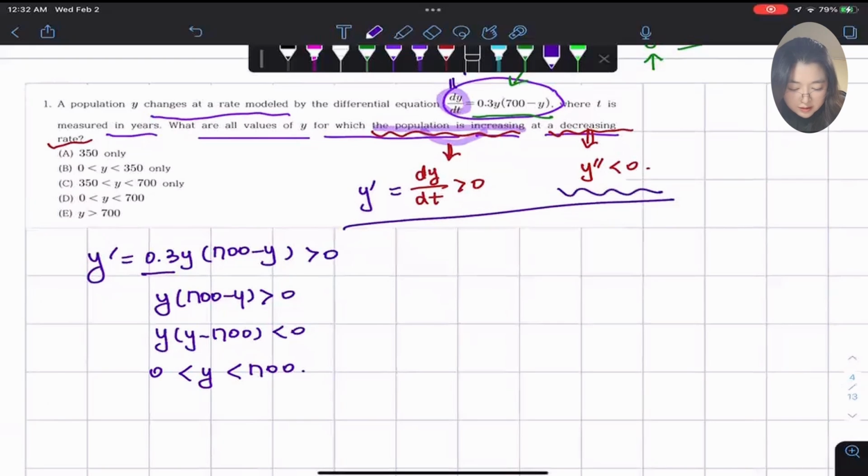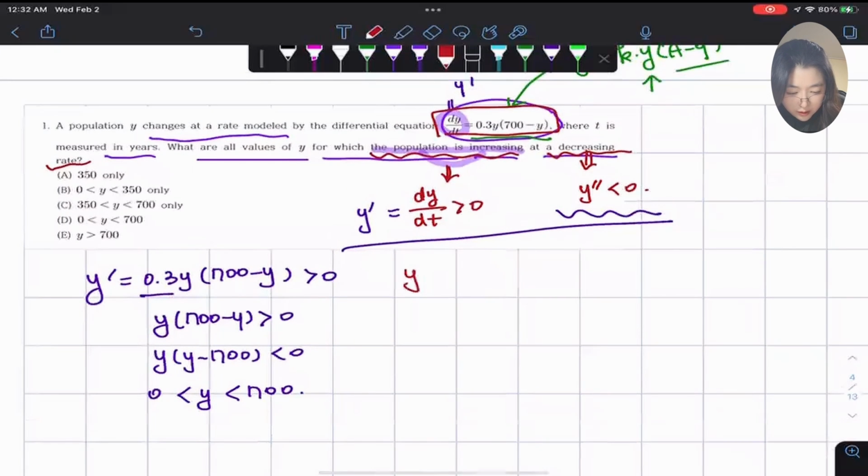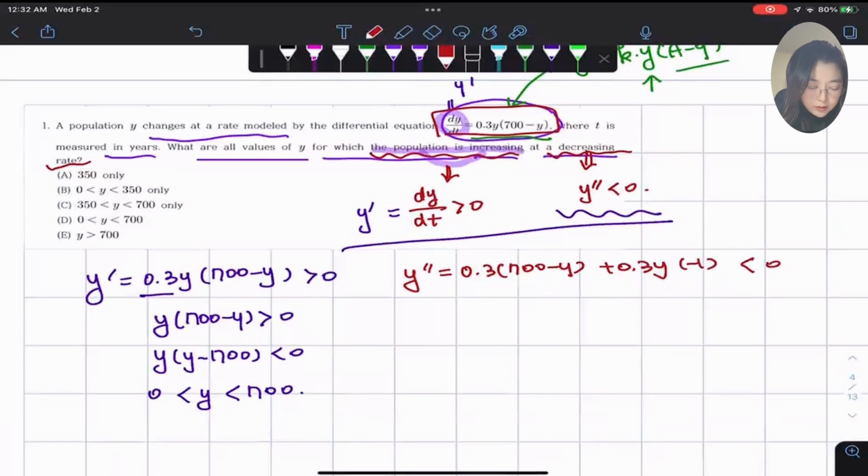To apply the second assumption, differentiate this equation one more time, y double prime. So 0.3 times (700 minus y) minus 0.3y, which is less than 0. Divide by 0.3 on both sides: 700 minus y minus y. So minus 2 times y is less than minus 700.